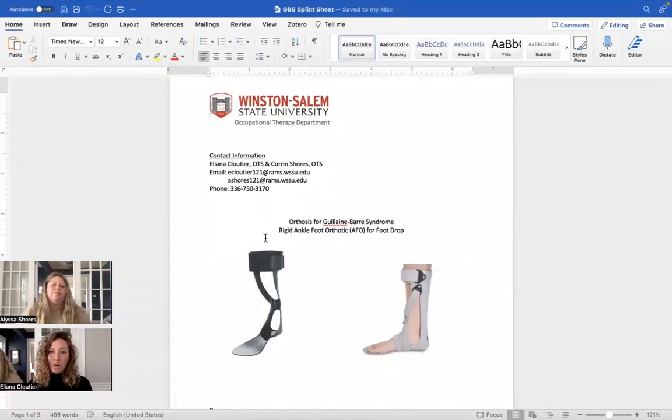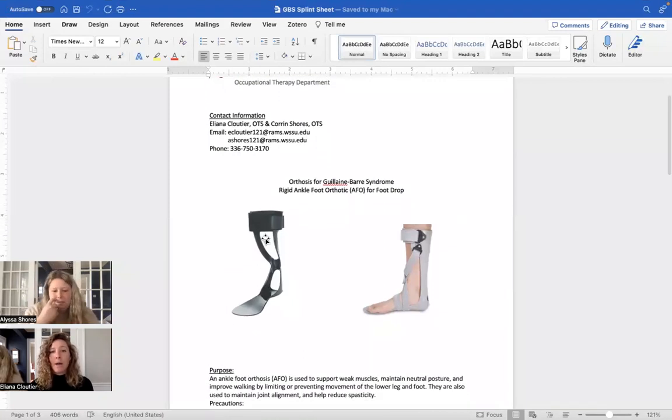For our orthosis, we chose an AFO. Another very beneficial orthosis to mention would be a resting hand splint during the acute phase, just to prevent contractures and promote functional positioning. But an AFO will assist GBS patients that are exhibiting foot drop.